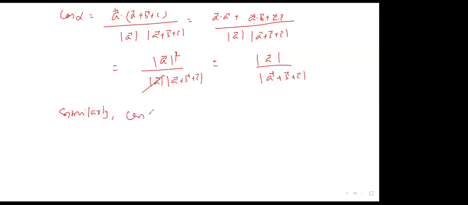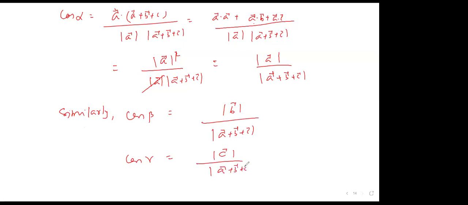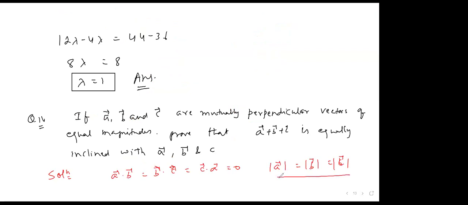Similarly, cos beta will be with B vector: magnitude of B upon magnitude of A plus B plus C. Cos gamma will be magnitude of C upon magnitude of A plus B plus C. But one more thing we have been given: magnitudes of A, B, C are equal.